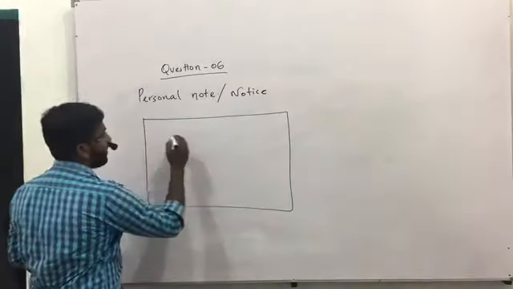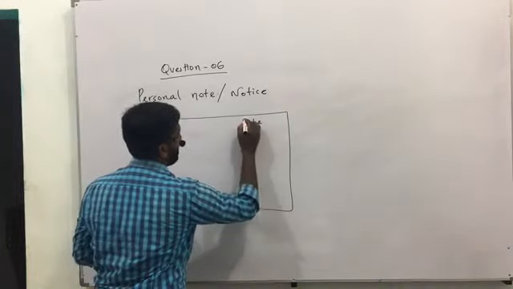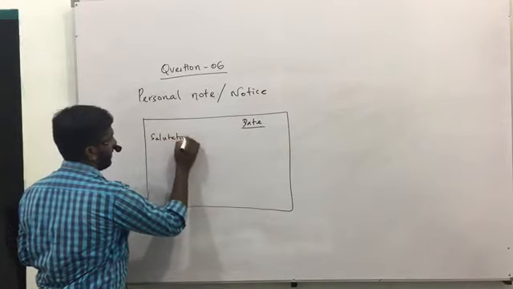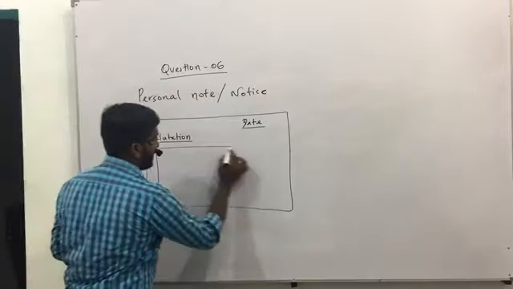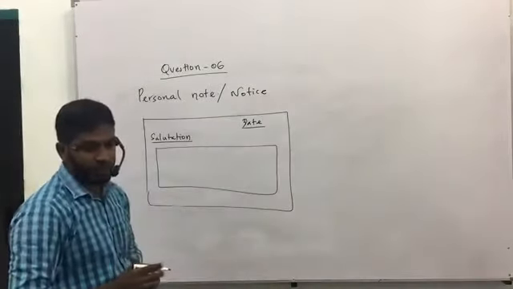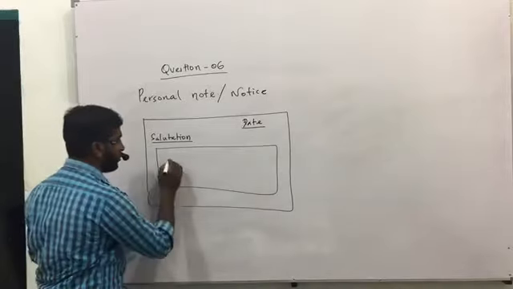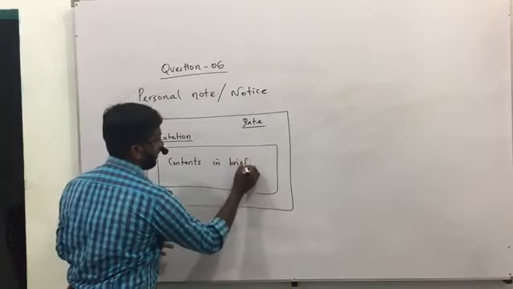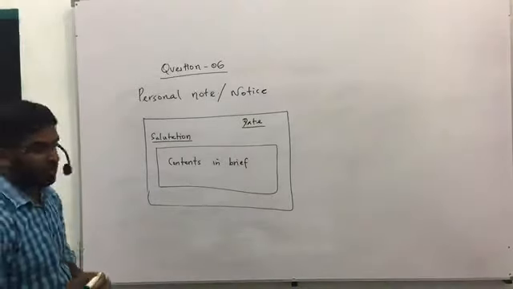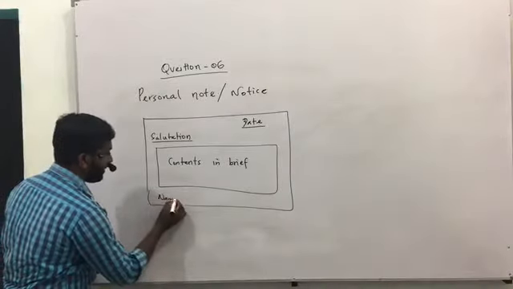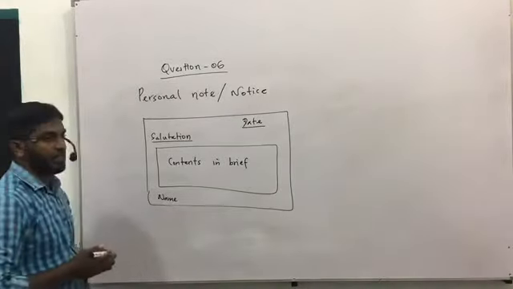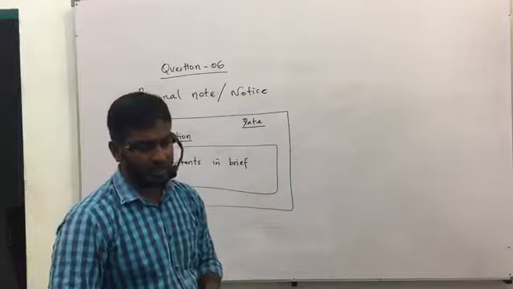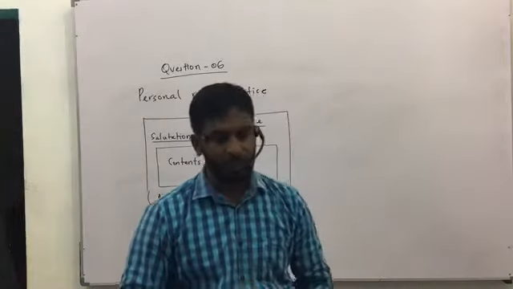Here put a date, simply put a date, and there is a salutation, and then you have to include the contents in brief, right? And finally you have to write your name. The writer's name must be written at the end of the personal note. So this is the format to write a personal note.